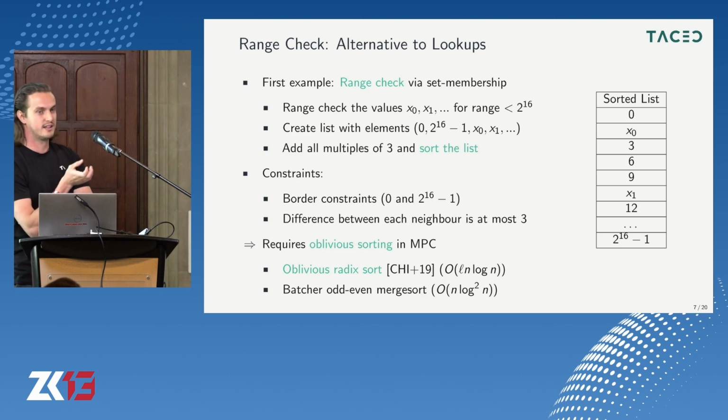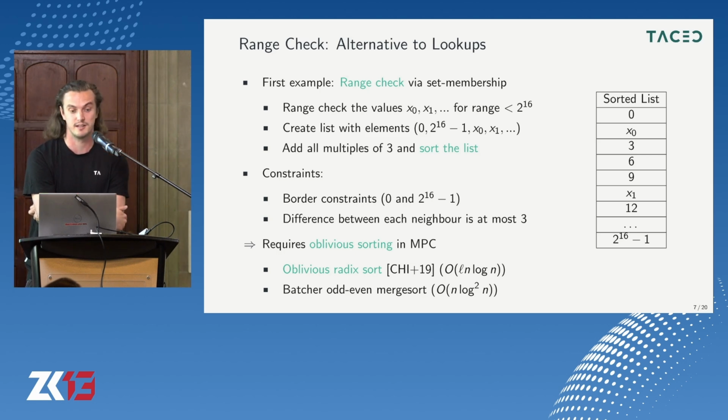Then we create a list with these elements, put the upper and lower bound in it, and also add our multiples of 3. And then we sort this list, and then we know that the neighbors in this list have a difference of at most 3. And we also have the lower and upper bound there, and then we should know if the values are in this range.